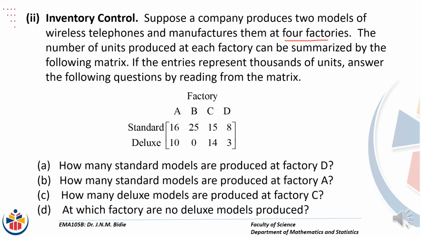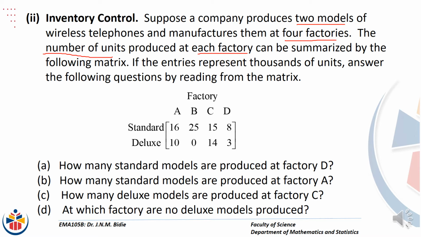So you've got 4 factories producing 2 models of wireless telephones. And then in the matrix given, the number of units produced for each factory are given.